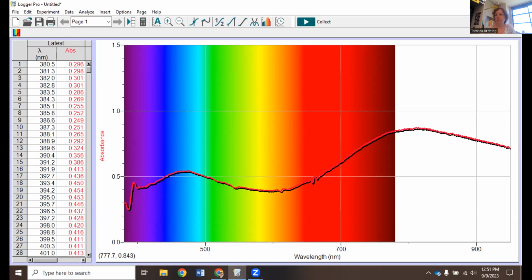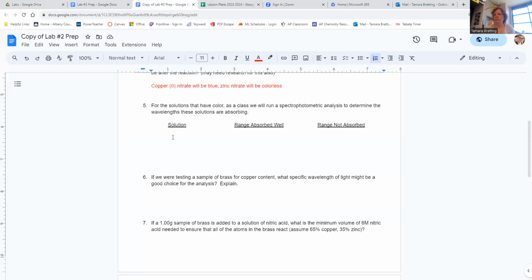So in number 5, when we look over here, let me see if I can switch back quickly. For the copper nitrate solution, copper 2 nitrate to be specific, the range absorbed well is going to be anything basically over 750 nanometers.